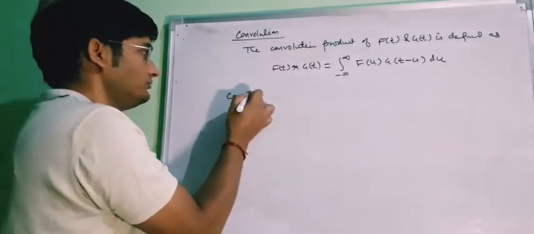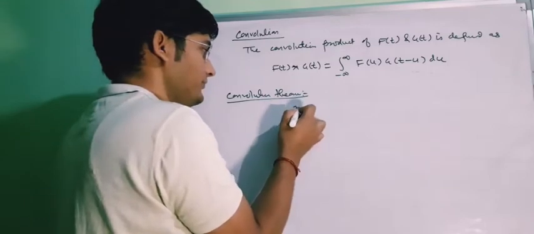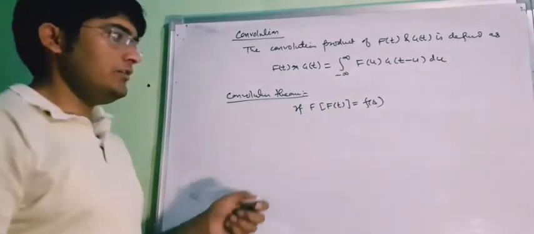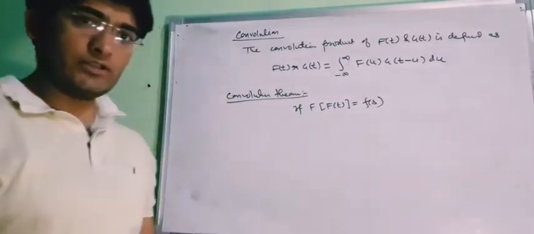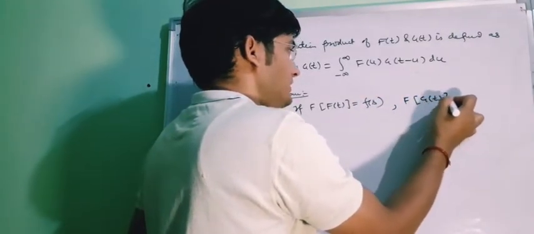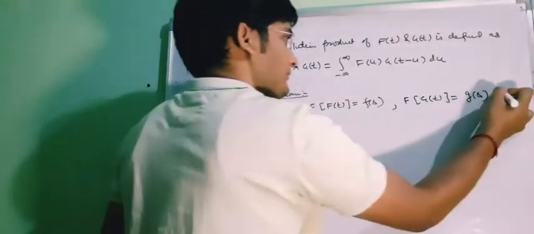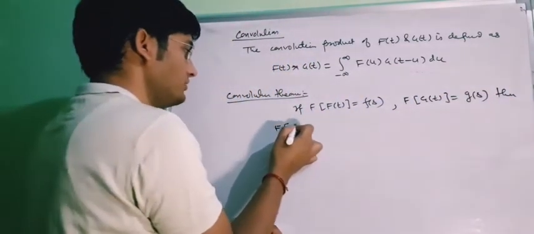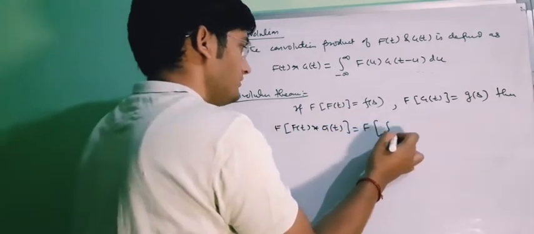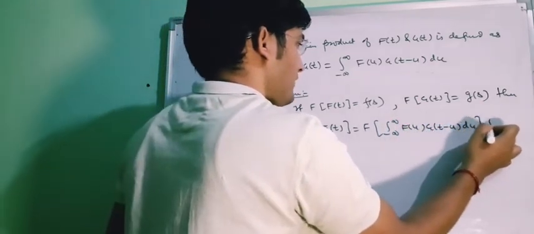And convolution theorem. Now, convolution theorem says that if the Fourier transformation of f(t) is F(s), that means if the function f(t) is piecewise continuous and integrable, similarly if the function g(t) is piecewise continuous and integrable in the interval minus infinity to infinity, then the Fourier transformation of this convolution product is equal to F(s) into G(s).